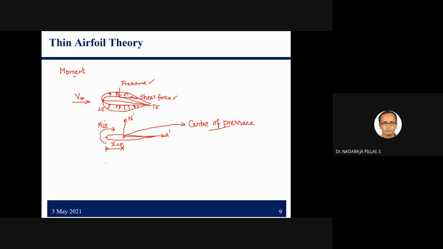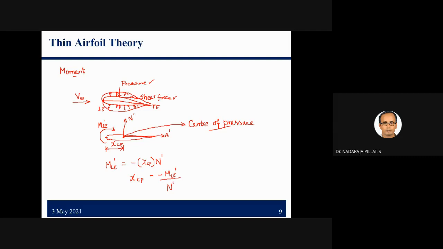So now if I do some calculation, say moment about the leading edge, I can write it as minus x cp into N dash. So one can calculate x cp, that is equal to minus moment about the leading edge by N dash.